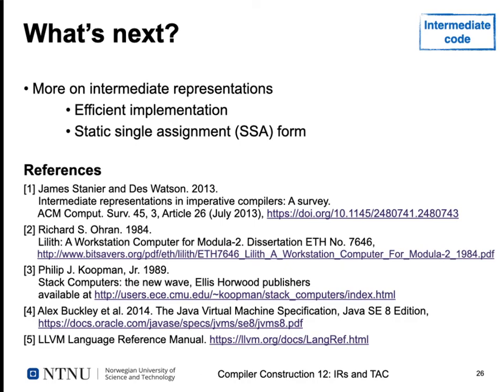Well, this new wave was a very flat wave, obviously, so it didn't really manage to gain much traction, but still it's an interesting book to read, and it's freely available at that address here. And there's also the Java VM specification, which might be interesting, and there's a language reference manual for LLVM if you're interested in the details of the intermediate representation.